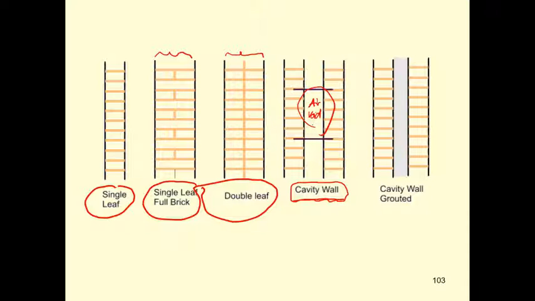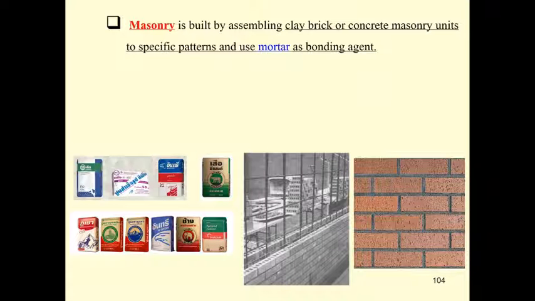And some cavity walls are grouted. When they are grouted, that means they are strengthening the wall, making the wall stiffer and higher in strength. Okay, and coming to this, what is so-called masonry?